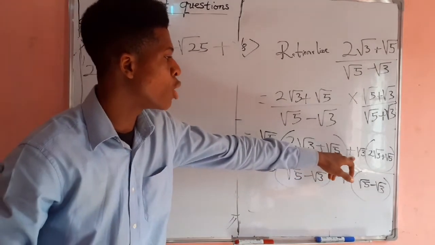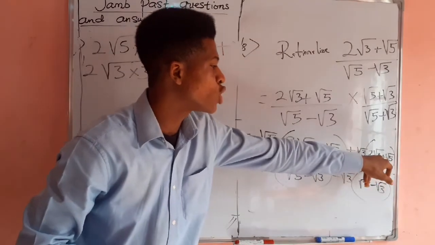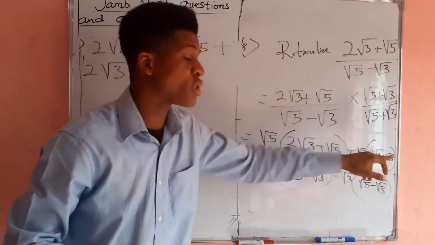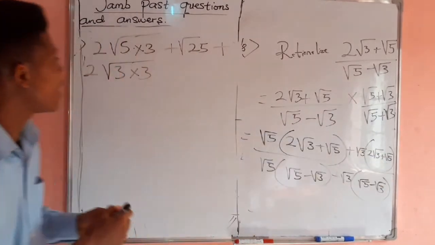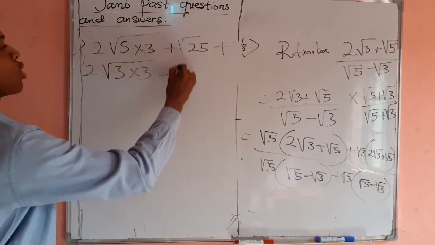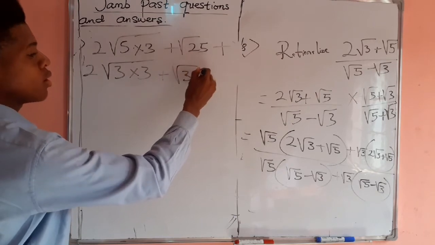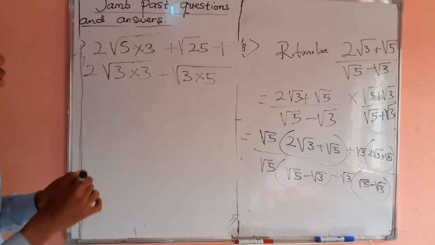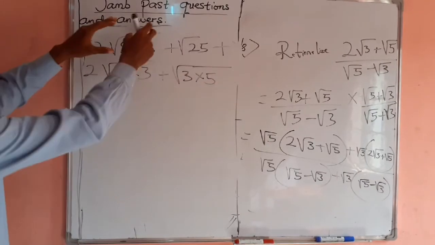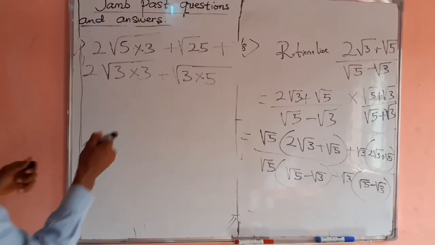Then we have a plus here: plus root 3 times plus root 5. Plus times plus is still plus, so this is plus root 3 times 5. You bring them together in one root, like I did here. Over what?